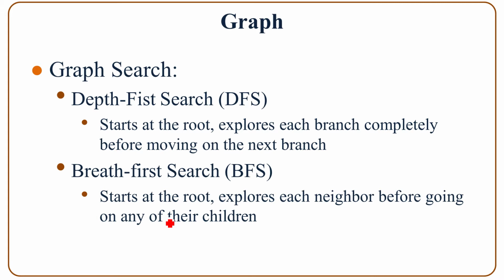With DFS, we start at the root and then explore each branch completely before moving on to the next branch. And with BFS, we start at the root, and explore each neighbor before going on to any of their children.